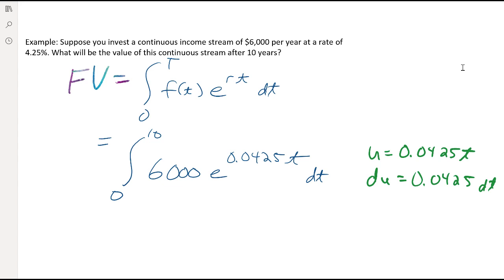But if you look at our integral, instead what we have is a 6,000 dt. We don't have a 0.0425 dt. So what's our trick? The trick is to multiply both sides of the du equation by the value in your integral for your differential. So we're going to take 6,000 and divide it by 0.0425 du. That's what equals 6,000 dt.